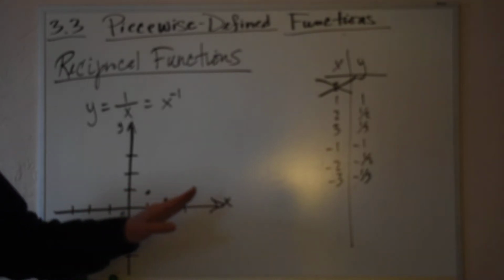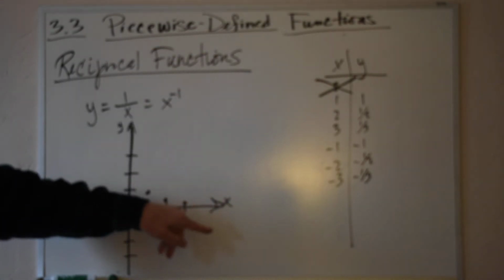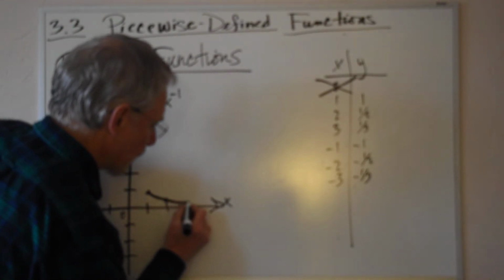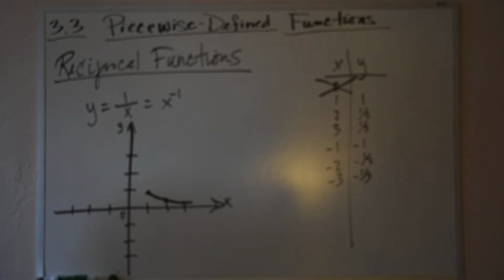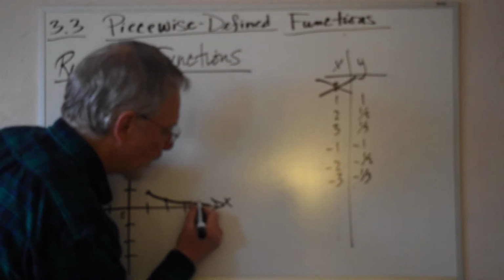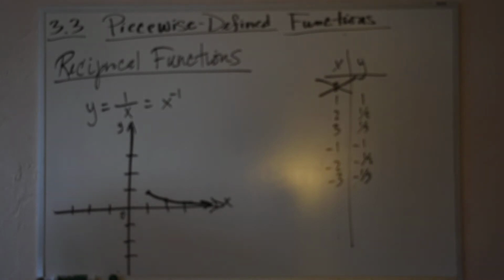As x gets larger, y gets smaller, and the curve heads down towards the x-axis. Will the curve ever get to the x-axis? No. It's going to get closer and closer without ever touching the x-axis.